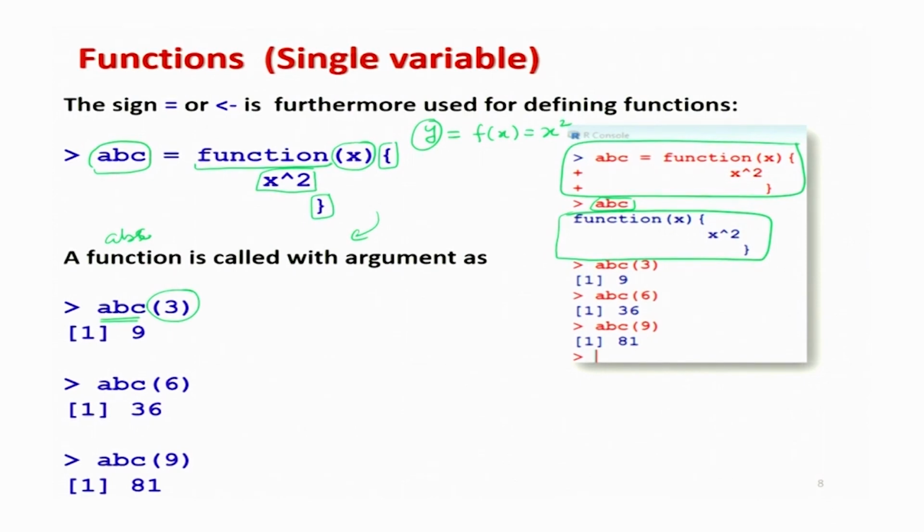So, now when I write ABC(3) on the R console, it means x is equal to 3, and when x is equal to 3, what will happen? Let me show you. This x takes value 3, this will come inside the curly bracket and it will make it 3 square, and then the outcome will be given as 9.